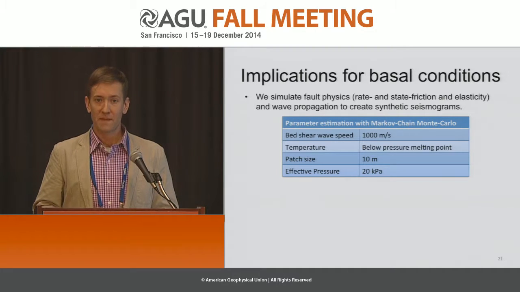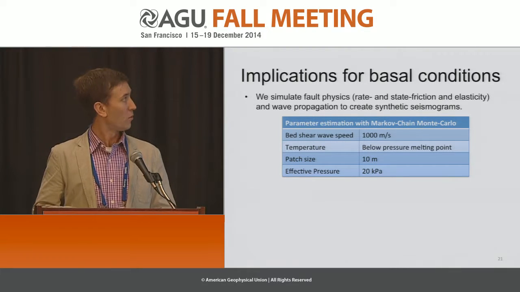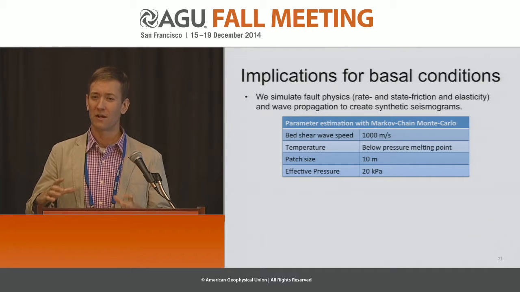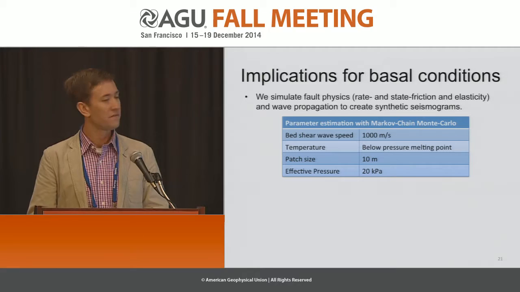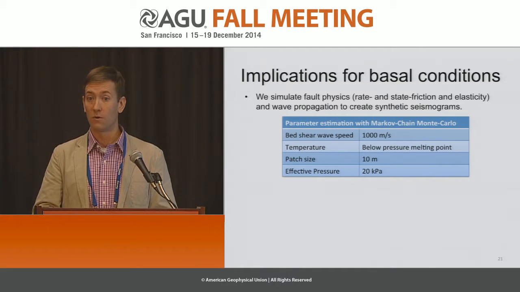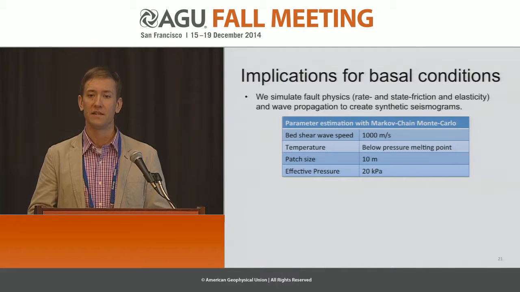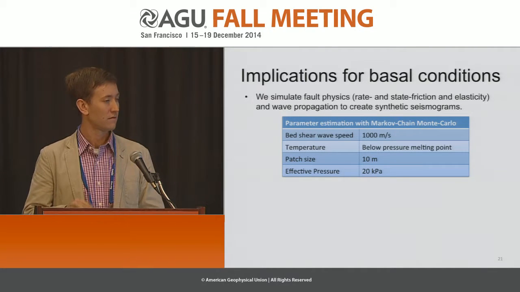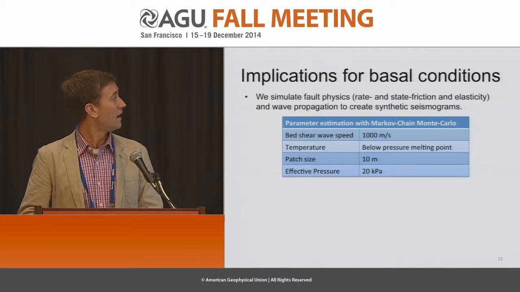That the temperature has to be below the pressure melting point. And we think these patches are about 10 meters, and that the effective pressure is very low, about 10 kilopascals, which means that the pore pressure has to be darn near the lithostatic or glaciostatic overburden.